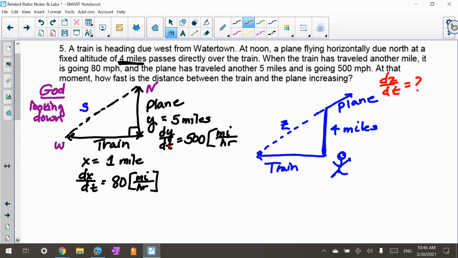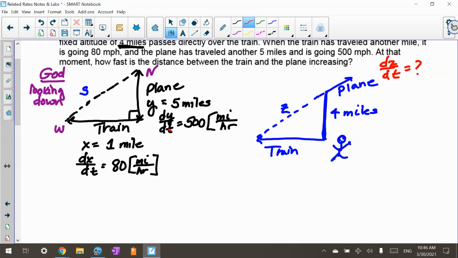Because we have a third dimension, to figure out what z is at the moment, when this is 1 mile and the other is 5 miles, you're going to use this: z squared equals x squared plus y squared plus 4 squared. There's my third dimension right here, the 4.